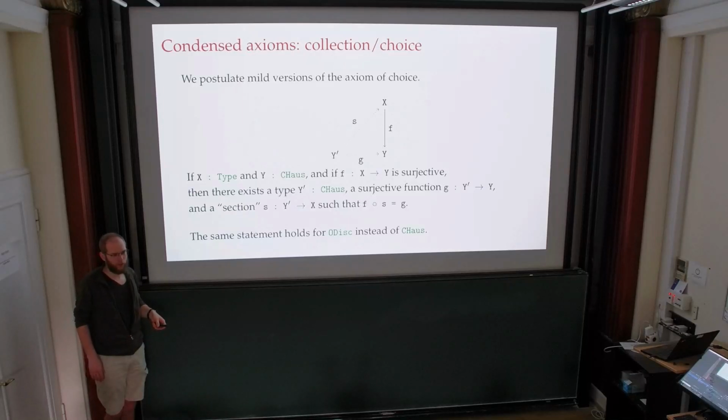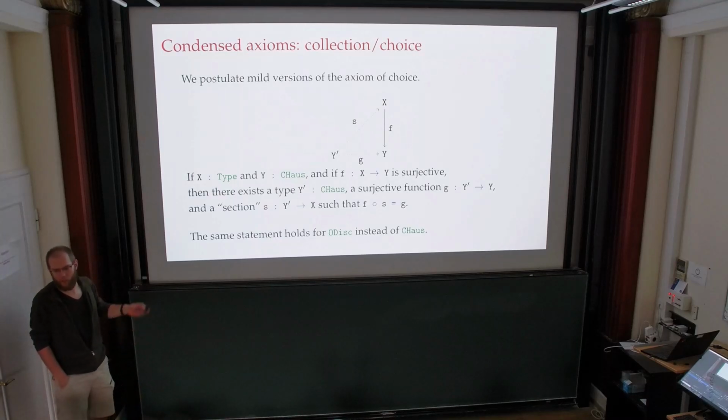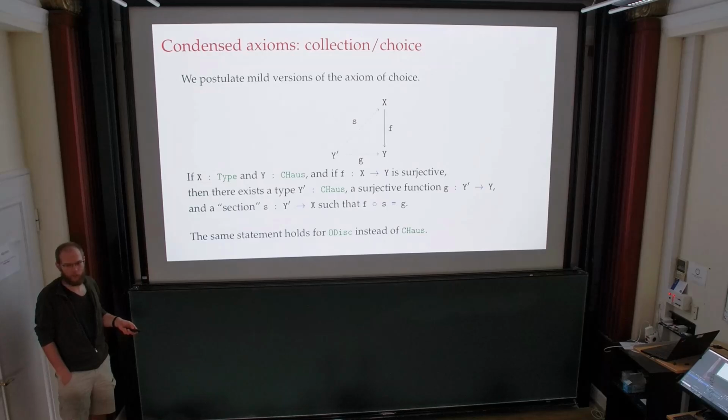If X is locally compact, then you might be able to make Y prime a subset of X. I can't think of it right now, but I'm happy to think about this later, whether it's true in topology, but it's true in condensed sets.